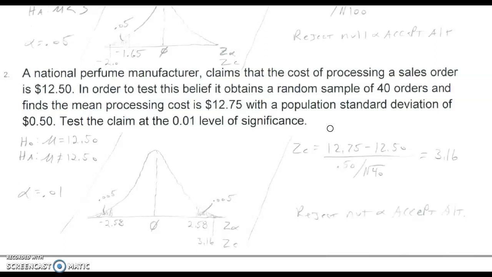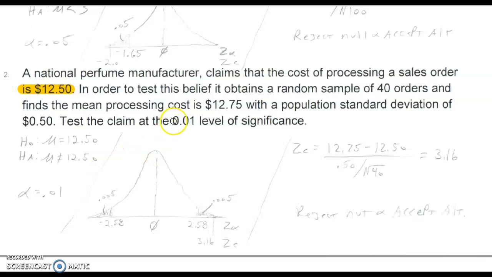First step, create our hypotheses. Well, look at the narrative. The perfume manufacturer claims that the cost of processing a sales order is $12.50. That's an equality. So we've now defined our null hypothesis that the mean is equal to $12.50, which by default gives us an alternative where the mean is not equal to $12.50.